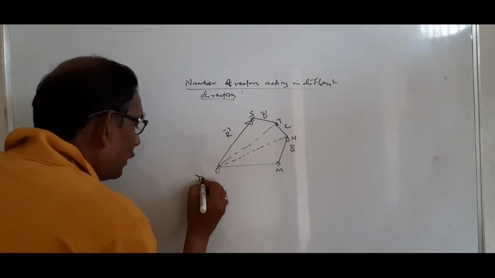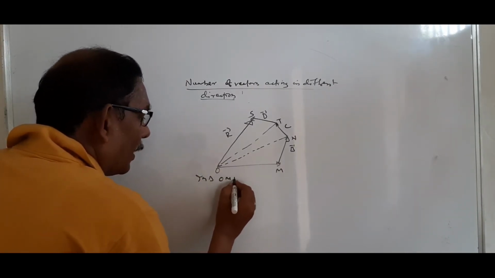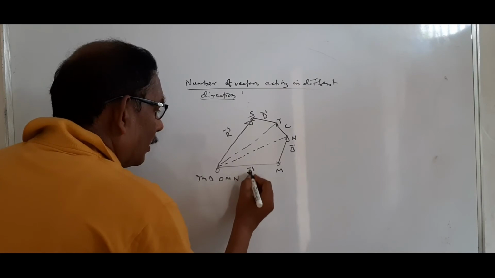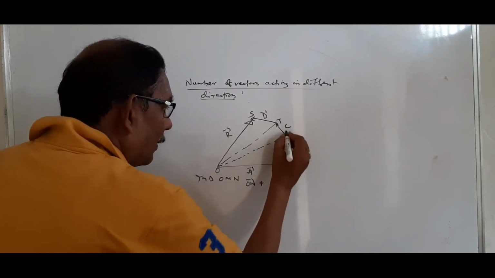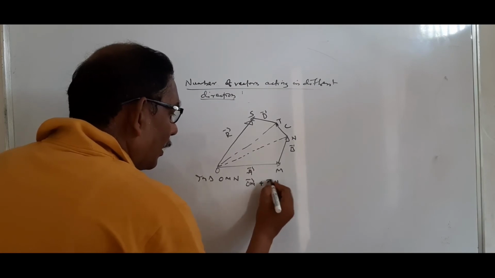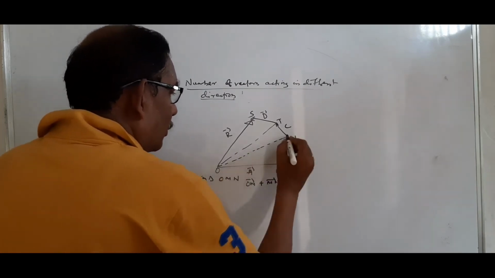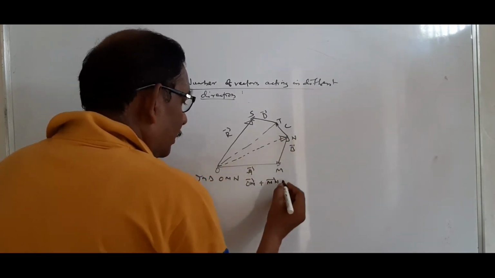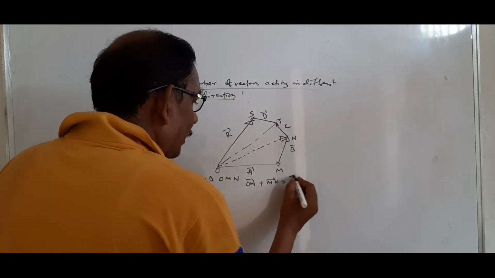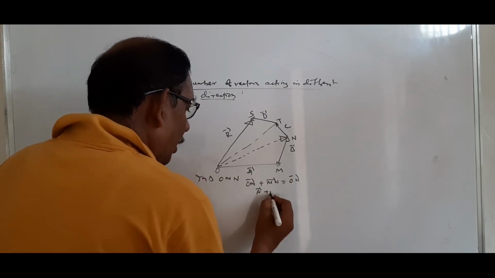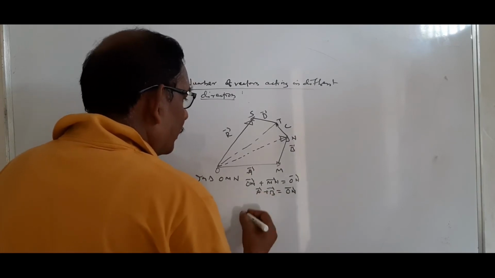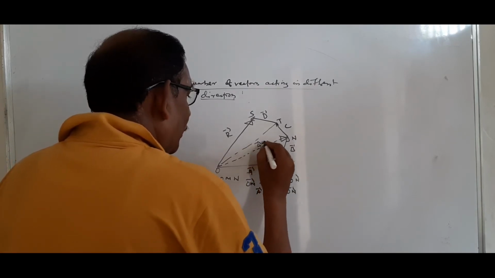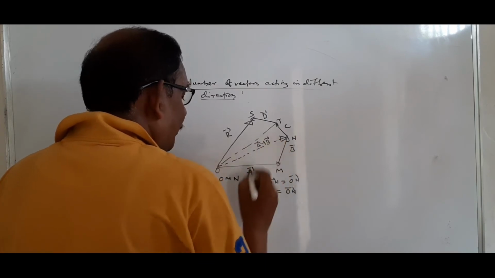In triangle OMN, this is your OM plus MN. And this one in opposite order, this is your ON. So A plus B is equal to ON. So it is your A plus B.